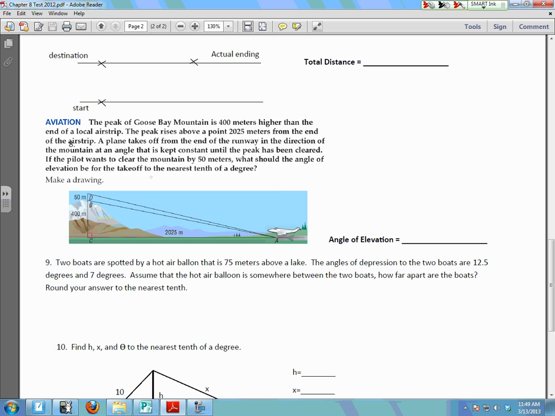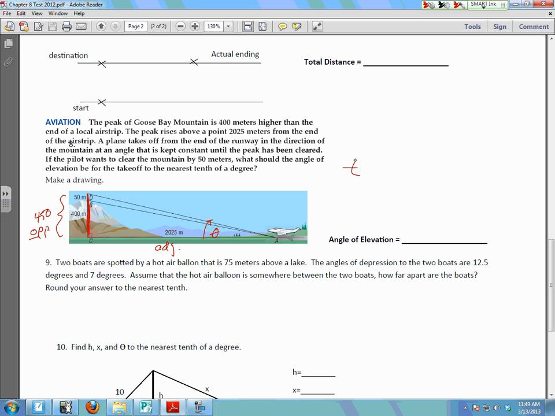For this question, what you need to realize is that we're trying to clear the mountain by 50 meters. So this vertical distance that we have to travel is actually 450. A lot of people that missed this made it 400. We're looking for the angle he has to take down here, which would be theta. Right now, this is the opposite side, and 2025 is the adjacent side.